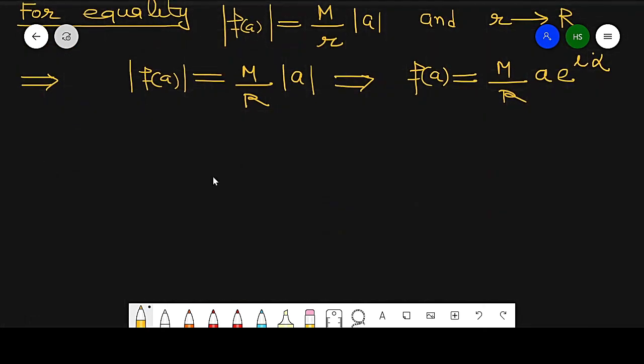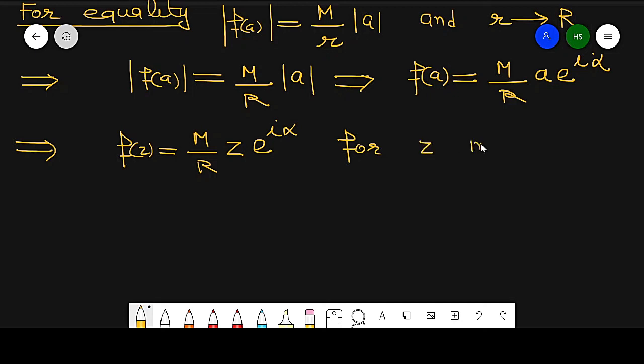Now this can be written as f of z, if we replace this, M by R into z, where e raised to power iota alpha, for z in C. So in this way, we can find the value of f of z in case of equality. So this is my result.